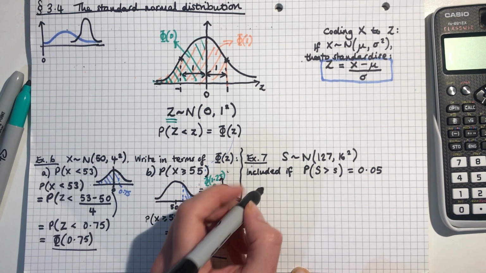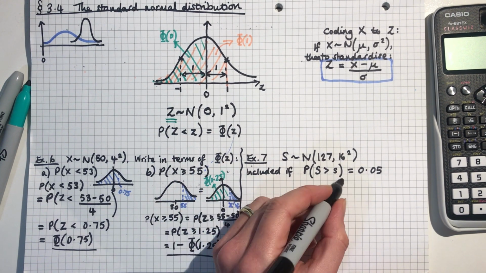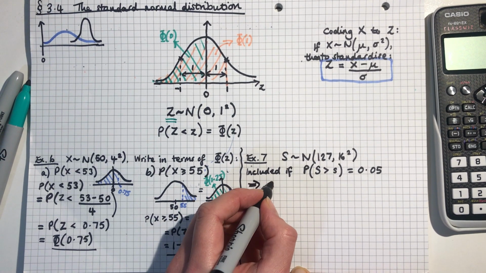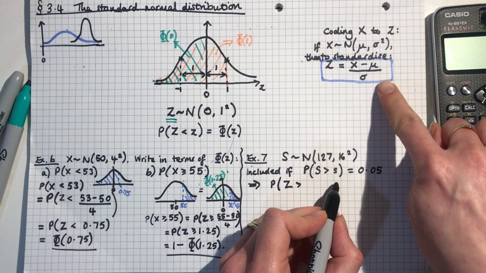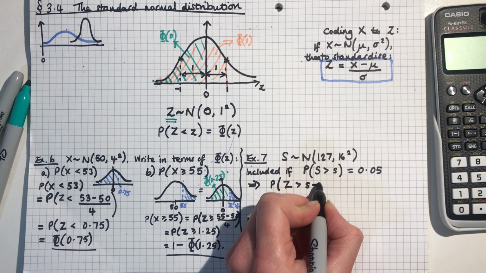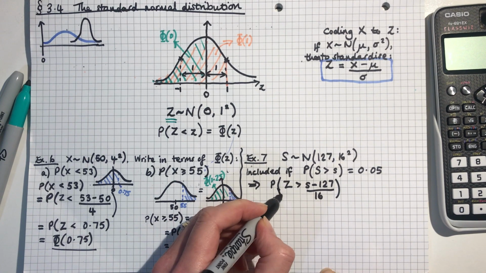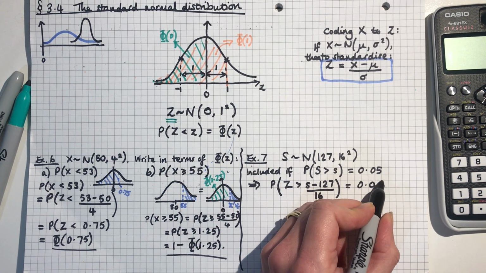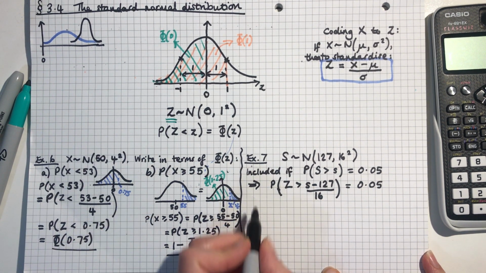So now, let's have a look at how we're going to work this out then. What we know is that we can standardise this. So we'll say that this statement can be turned into the probability that z is greater than, and now we apply this transformation or this coding to the lowercase s. So s minus the mean divided by the standard deviation. And we know that that is 0.05. So I'm just going to draw a sketch at this point so I can picture what's going on.